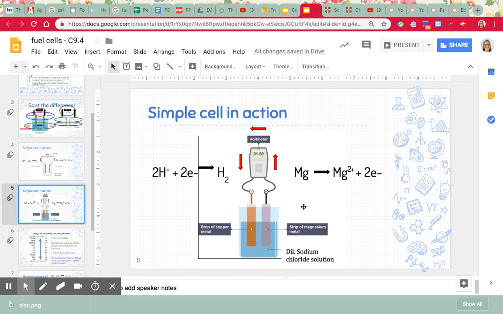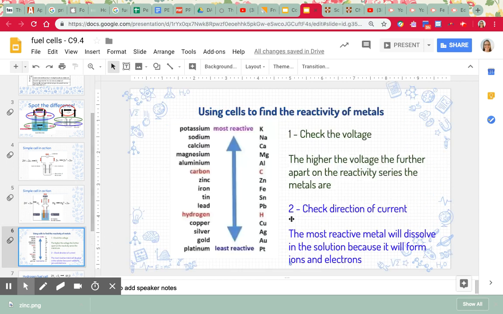So the flow of electrons would come this way. We would find that the copper dissolved into solution, whereas the silver didn't. And we would then know the one that did the dissolving, the one that forms ions and electrons, is the one that dissolves in solution. So we would be able to tell.